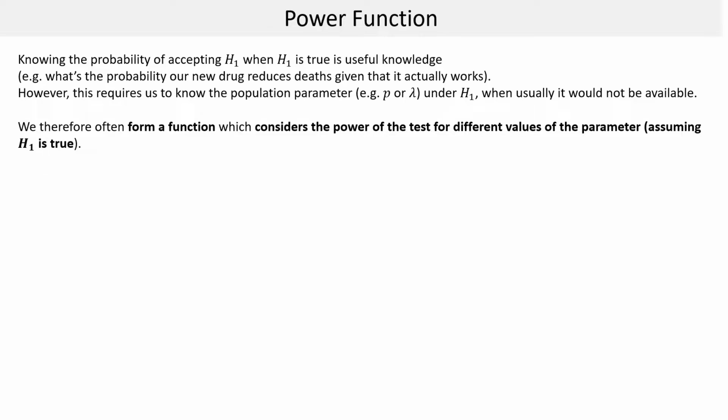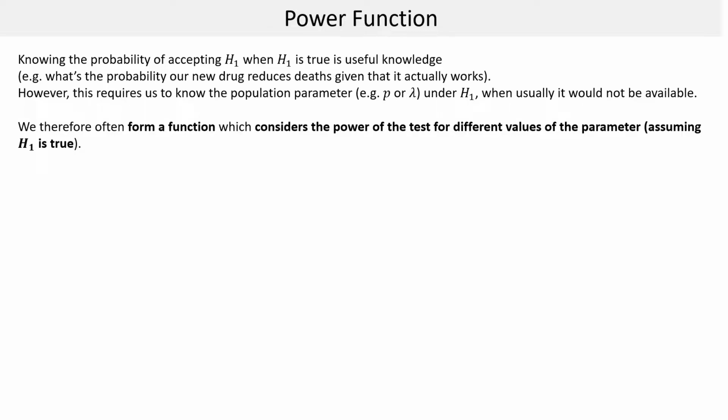In actual fact, it would be very unlikely that you would immediately know what the correct parameter is after realizing the one you'd chosen to use was incorrect. So we need to be able to get an expression for the power in general terms.